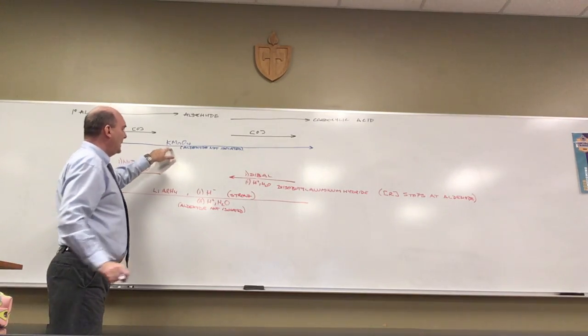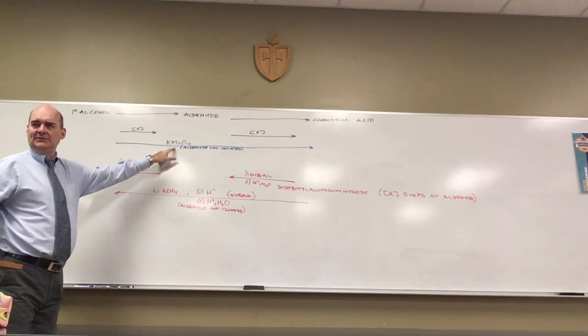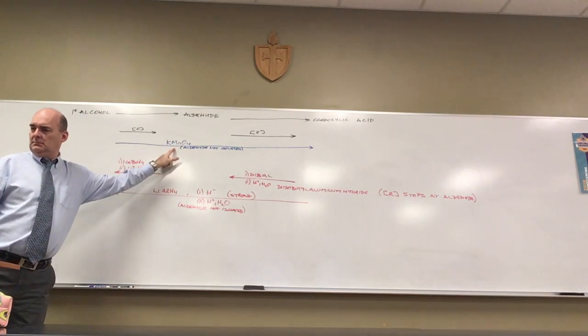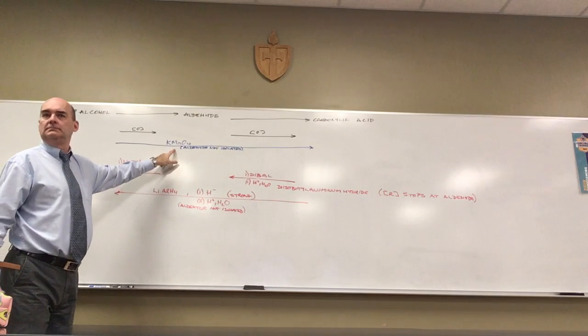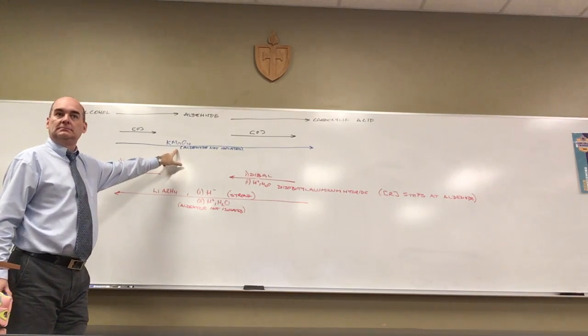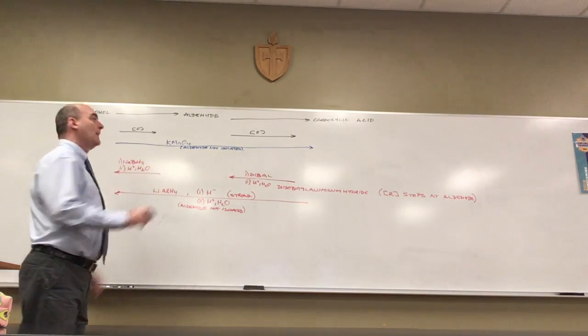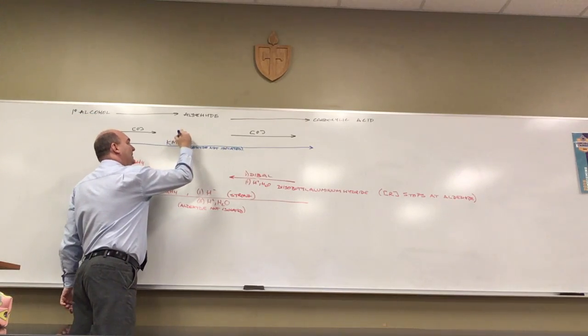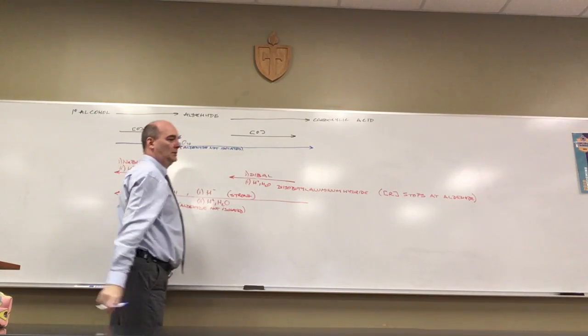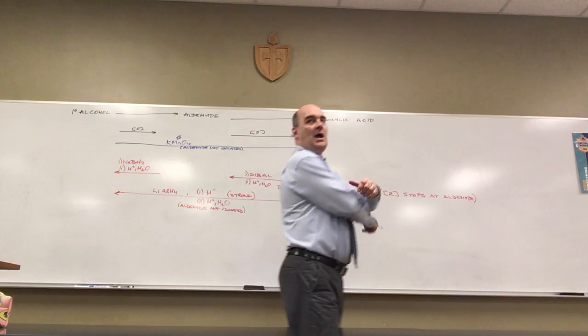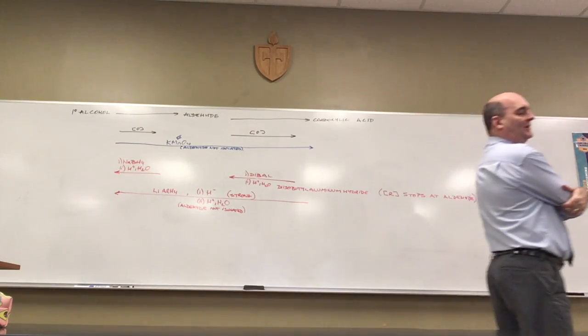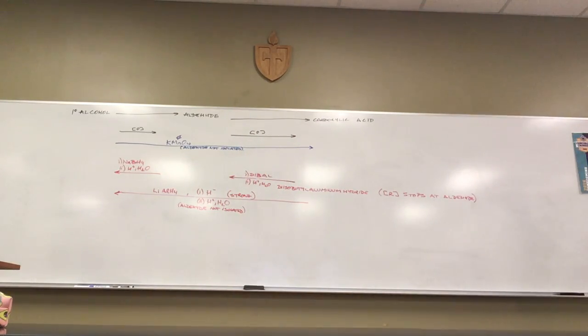This is potassium permanganate. What was the oxidation state on that manganese? Manganese 7. If you have a high oxidation state, that means that you are not likely to be oxidized yourself.